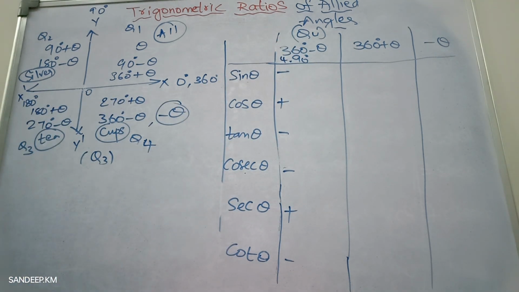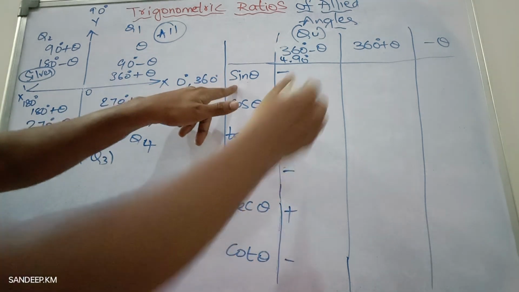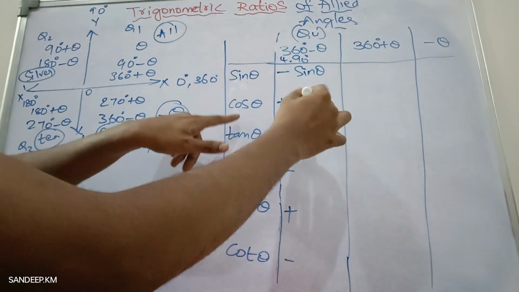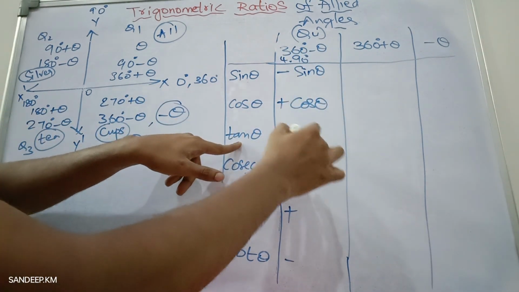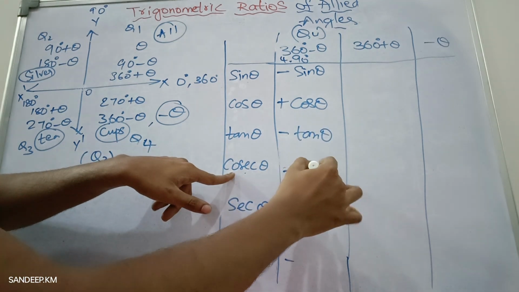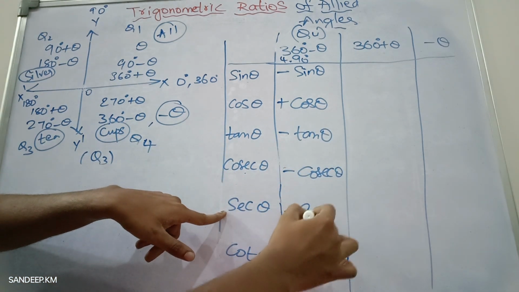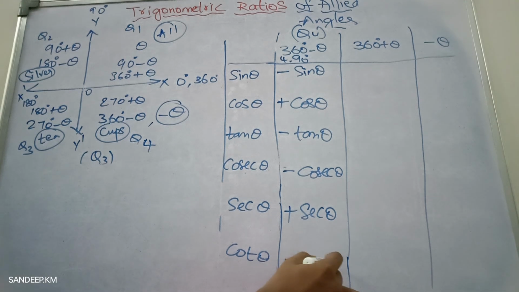So for even multiples of 90, there is no change. Sin remains sin theta, cos remains cos theta, tan remains tan theta, cosec remains cosec theta, sec remains sec theta, cot remains cot theta.